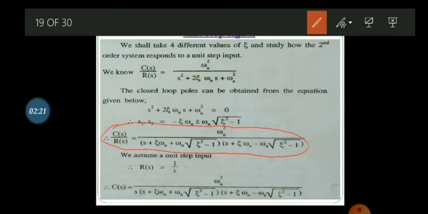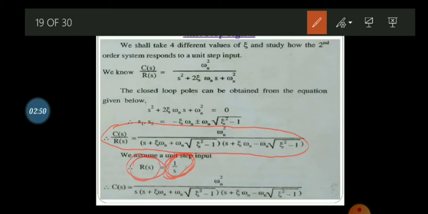Now here we'll consider the unit step input. The transfer function of the unit step input is given as 1 divided by s. So we consider our input signal as R(s) = 1/s.